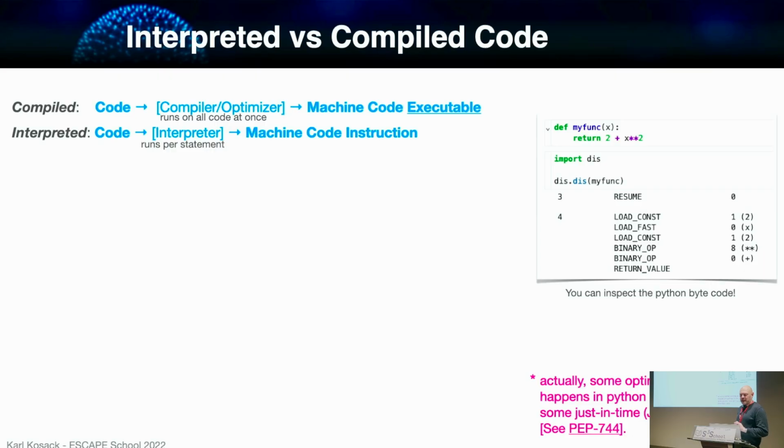The other kind of code that happens in a lot of environments is what's called interpreted code. There you start the same way, with some text as code. There's an interpreter that generally goes through each statement. It's not quite true, I'll show you in a moment, but it turns those into some sort of machine code instruction, which can be a bit different depending on the language. But this means that at the end, you don't come up with an executable.